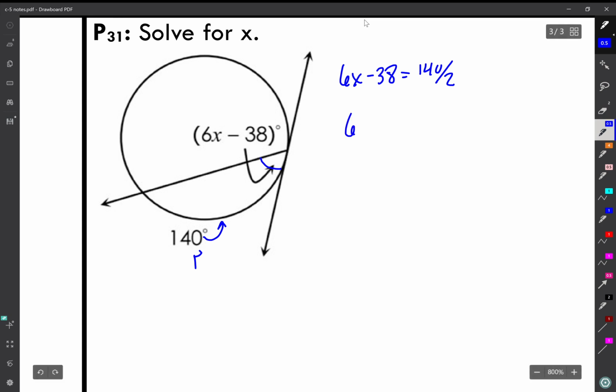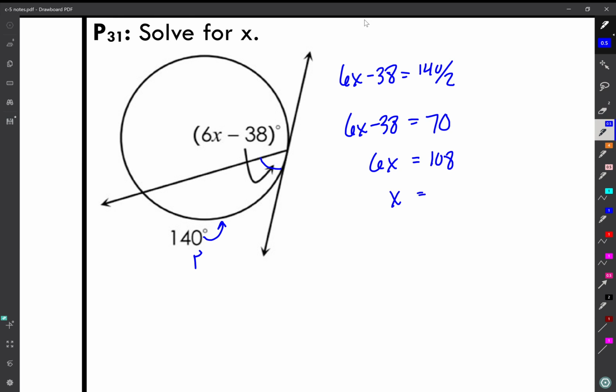So 6x minus 38 is equal to 70. Add 38 to both sides, you get that 6x is equal to 108. Divide that by 6, you get x is equal to 18.